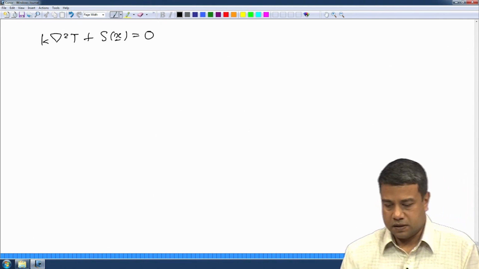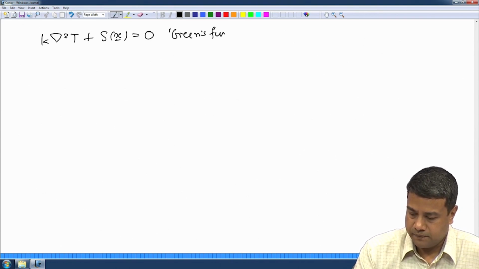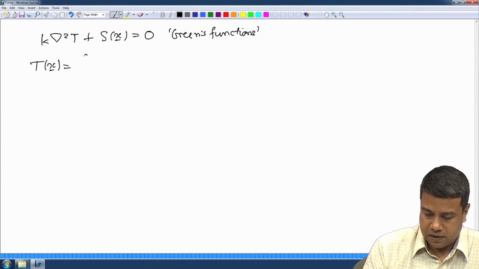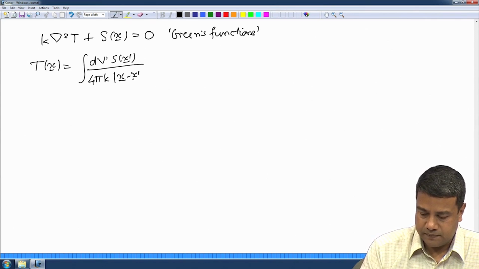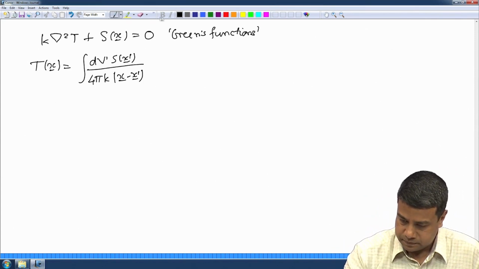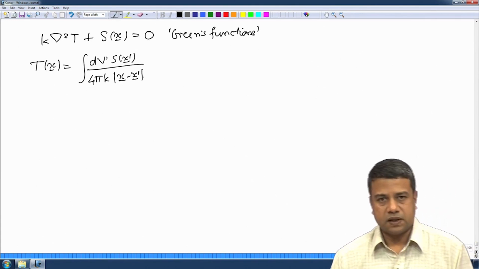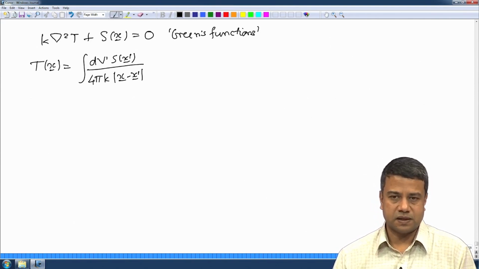This is called the method of Green's functions. And the solution for that, T of x, is equal to the integral dV prime S of x prime divided by 4 pi k into x minus x prime, where I had shown you how to express this distance in terms of the x, y and z coordinates.